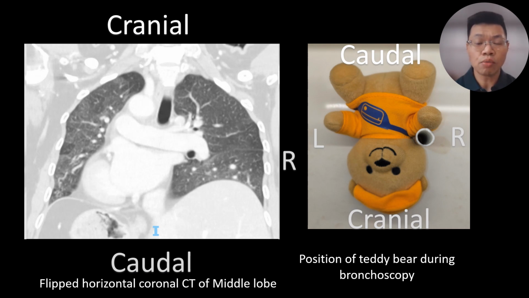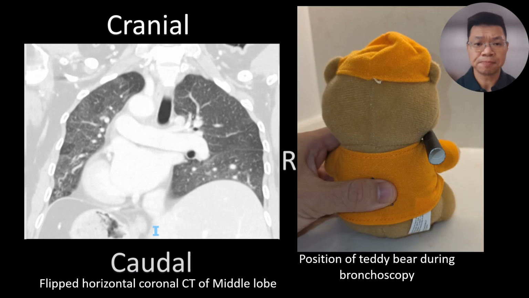Recall that our bronchoscope will be moving in the posterior to anterior direction, as reflected by the 3D arrow. This means that our bronchoscopic view is actually from the posterior of the teddy bear. And you'll see that this is our movement from posterior to anterior.